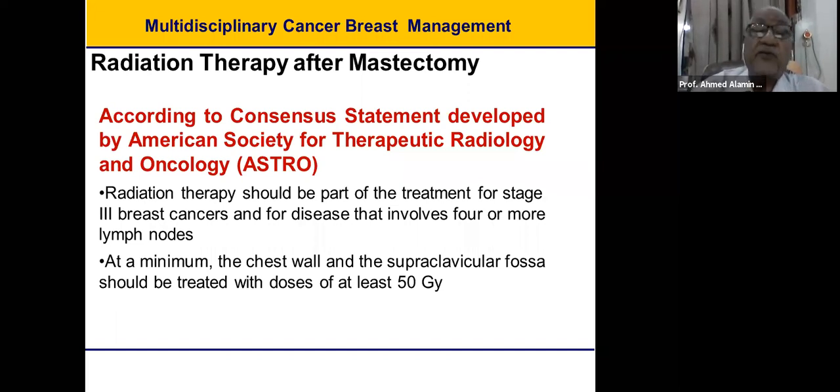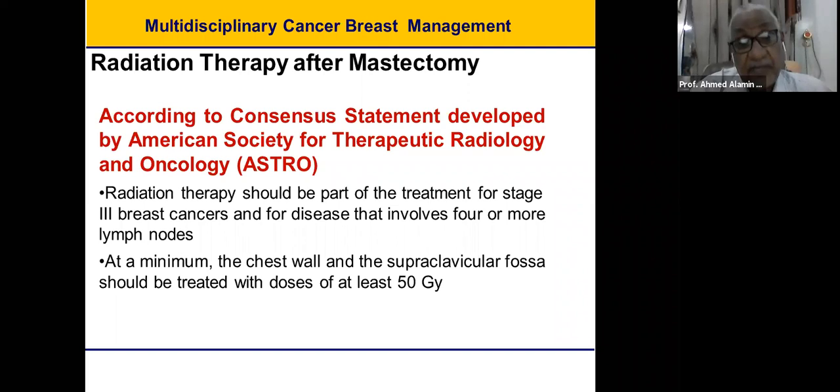Previously, radiotherapy was given only when you do breast conserving surgery, and it is mandatory in that. But in locally advanced tumors, even if you remove the breast, you give radiotherapy.